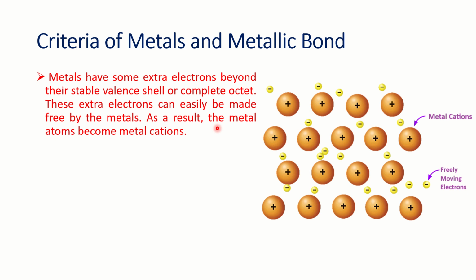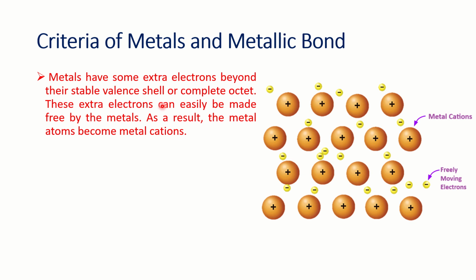Magnesium also has a stable octet, that is 3s2 3p6. Beyond that, metals have some extra electron: the extra electron of lithium is 2s1, the extra electron of sodium is 3s1, and the extra electron of potassium is 4s1.